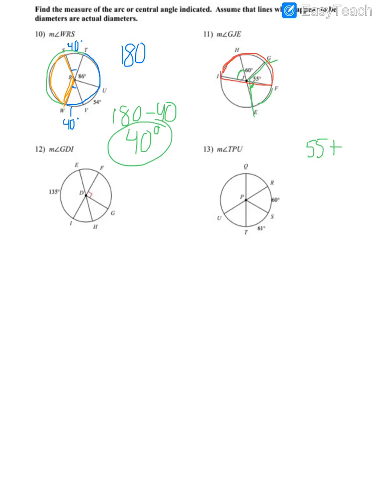So this little piece is going to be 180 minus 60 minus 55. So that little piece is 65 degrees, meaning that this piece over here is also 65. And remember, the part that we want is from here to here. So it's 55 plus 65, which gives us 120 degrees.